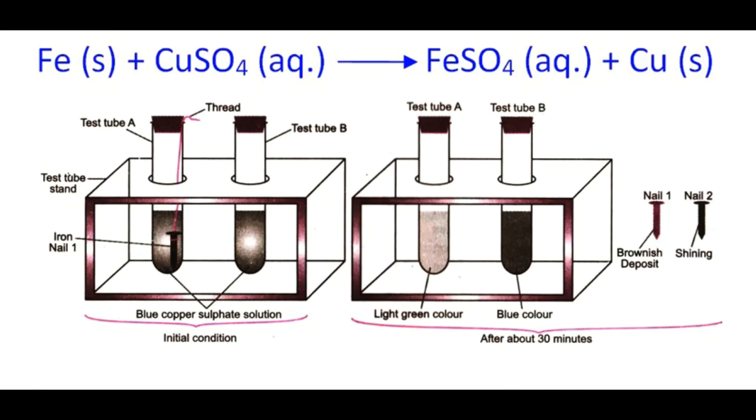Very soon it will be seen that the nail becomes shining, because the ferrum has now replaced copper in the aqueous solution, and the copper is deposited on the iron nail. So you see how in this experiment iron displaces copper from the copper sulfate solution, and copper goes on depositing on the iron nail, changing its color.